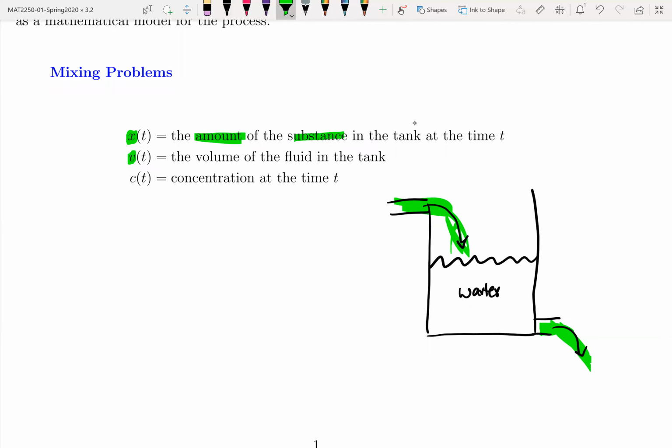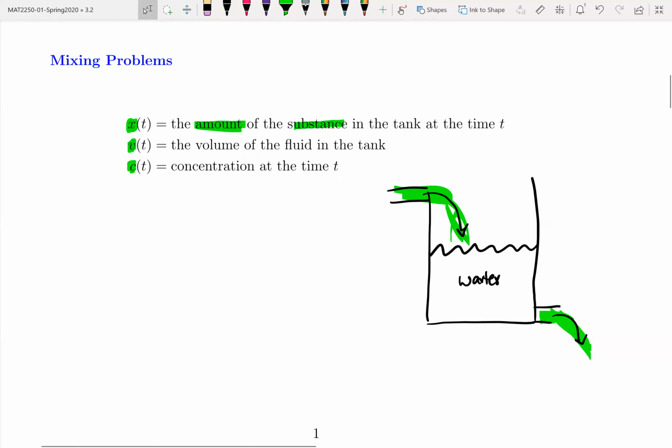And then C is used for concentration. Again, the notations are not unique for this entire section. It depends on the source. So V is for volume for now, C for concentration, per minute, per second, or per hour, depending on which unit of time we are using. And X is how much salt or substance we have in the entire tank, okay?